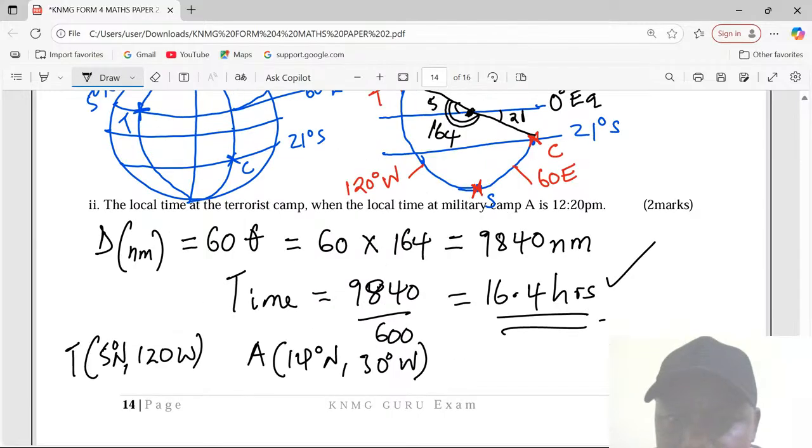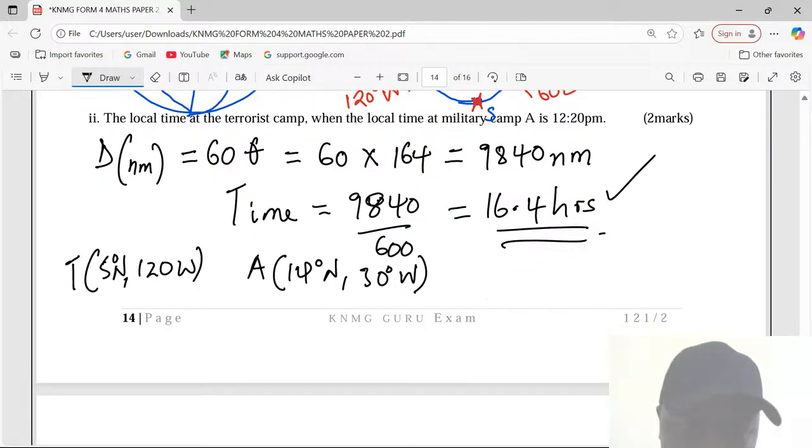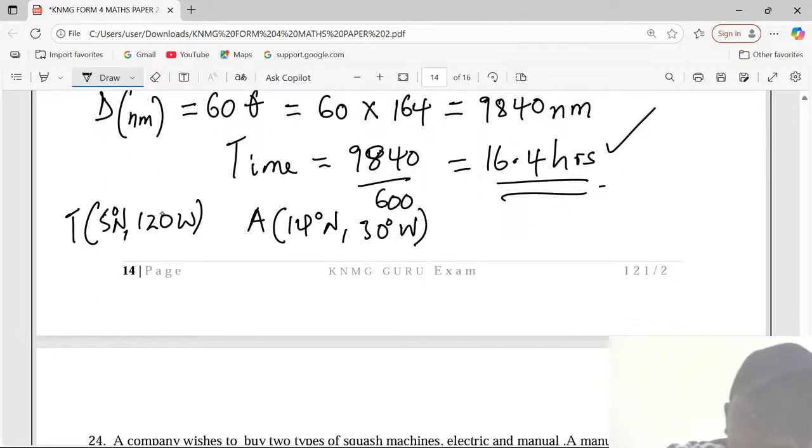What is the time at the terrorist camp, when at A, it is 12:20? So we can see that the terrorist camp is to the west, so it is behind in time. Behind because from 30 west going to 120 west, we are moving towards the west.